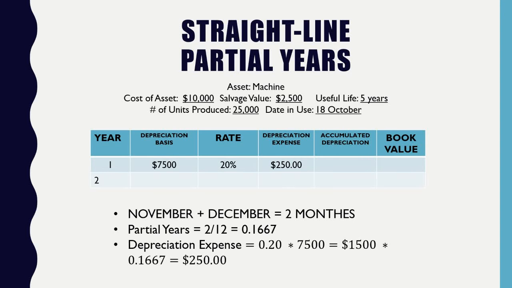I only want to know how much it's going to be worth for only 2 months of depreciation. So I divide the whole thing by 12 and multiply by 2, because I only want 2 months' worth of depreciation, to give me a total of $250.